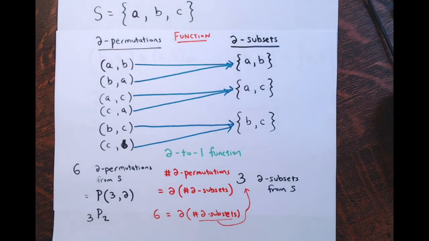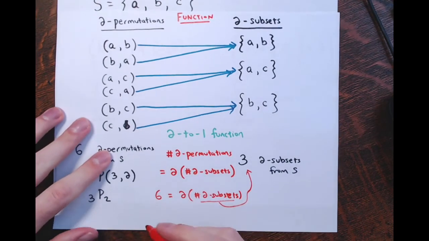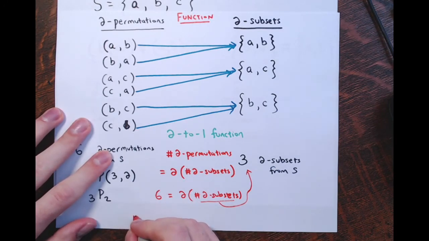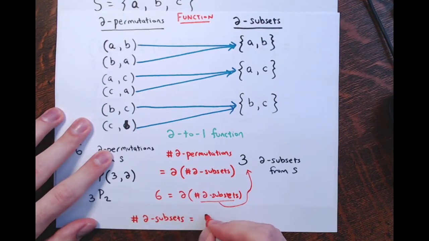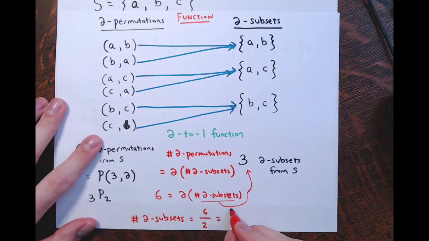Again, the motivation here is for a formula. The number of two subsets is 6 divided by 2, which, this 6 was P32, the number of two permutations taken from those three objects, divided by, and then I'm going to write 2 as 2 factorial, and you'll see why.